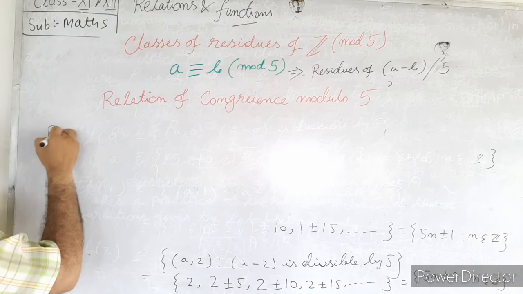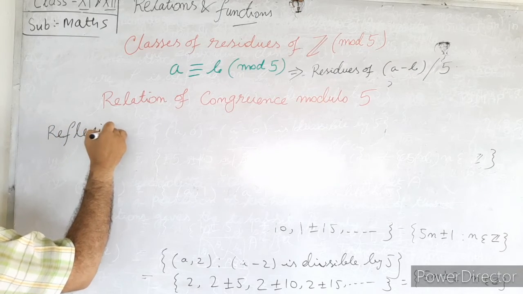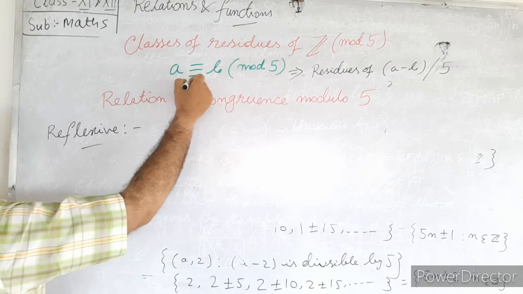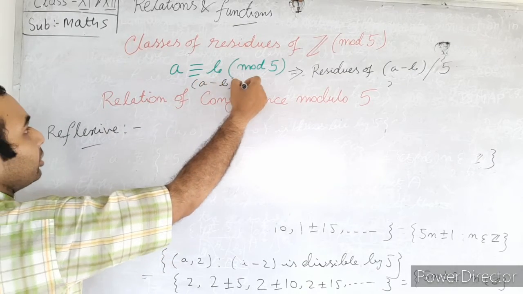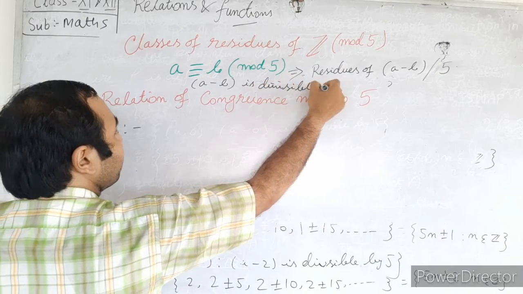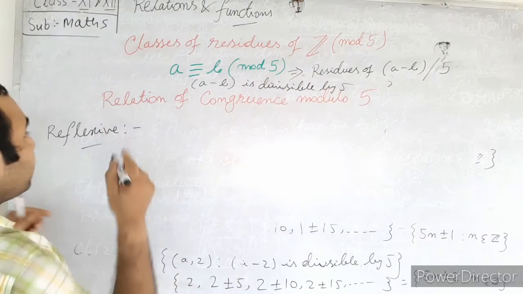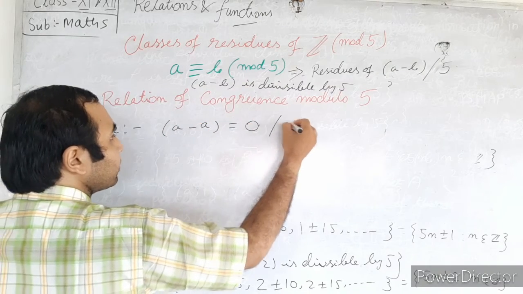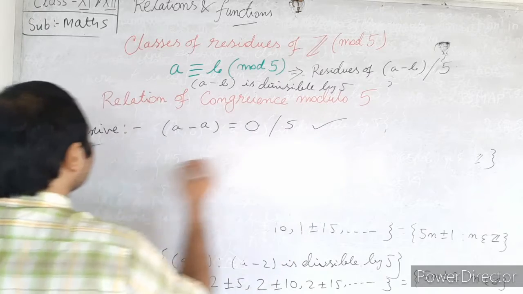For reflexive, what was the relation? The relation, I am writing again: a minus b is divisible by 5. Reflexive: a minus a equals 0 is always divisible by 5. This holds.